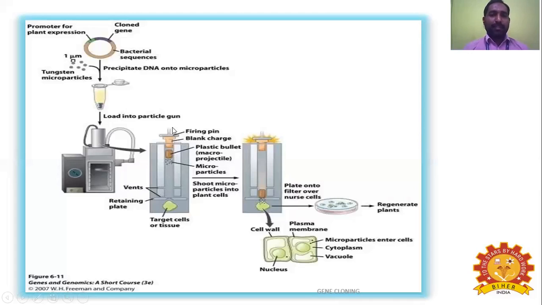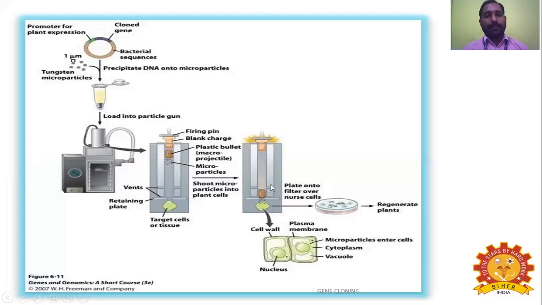So here you have the microparticles. These microparticles will be fired with the use of a plastic bullet into the plant cells. So here you can see the plant cells. This bullet will push the microparticles into the plant tissues.